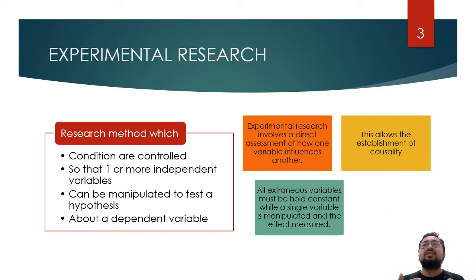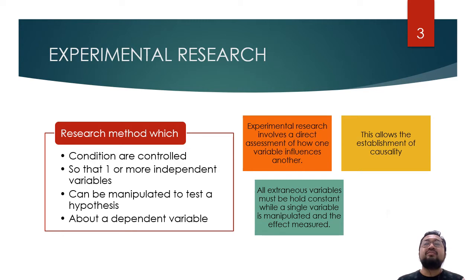Independent variable ni contohnya, in an experiment, adalah exercise, tahap exercise di kalangan orang awam. Then we apply the intervention, and the dependent variable is the outcome. Contohnya outcome dia adalah weight ataupun berat badan.